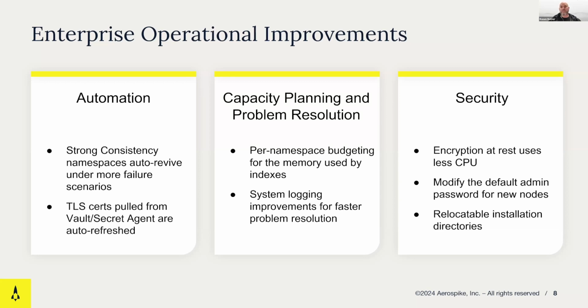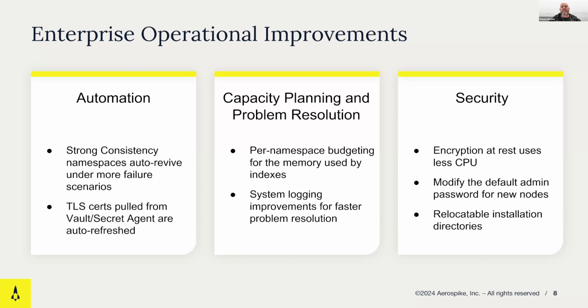There's a default password called admin. So now you can set a different default password for these new nodes, so that you don't have even the potential of a malicious script jumping in and taking over the node before the rest of the information got communicated to it.